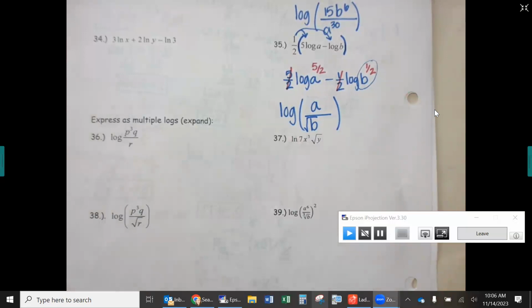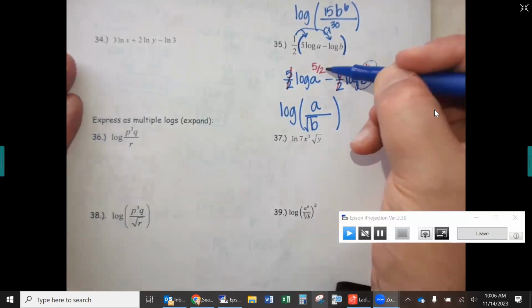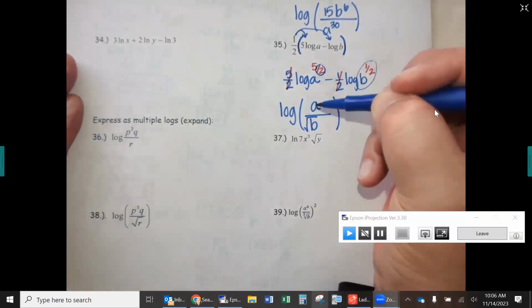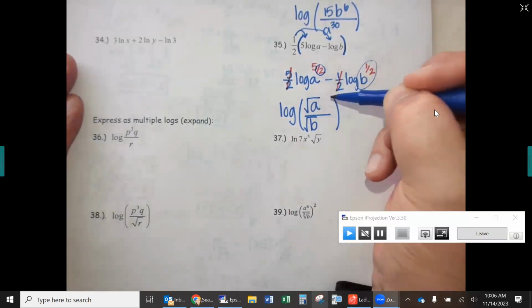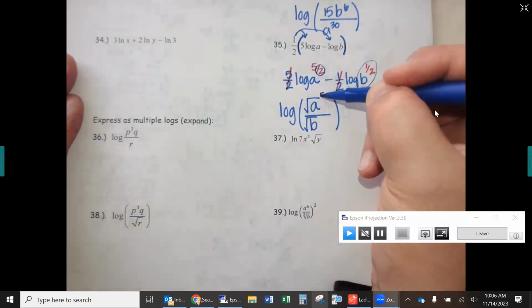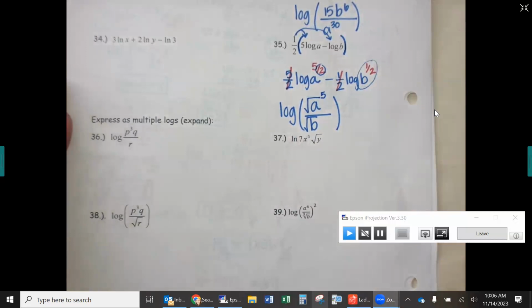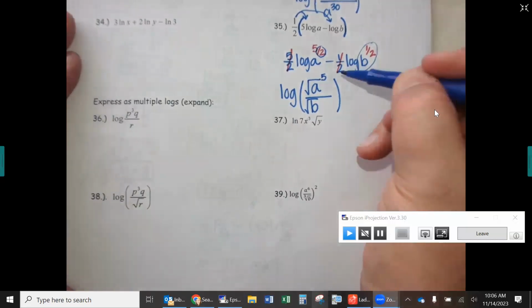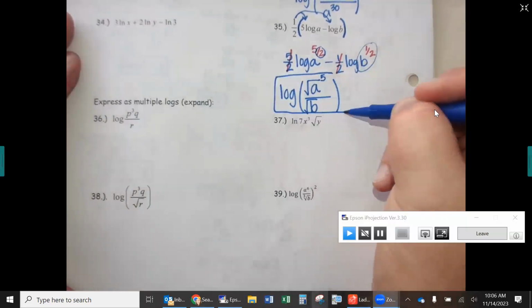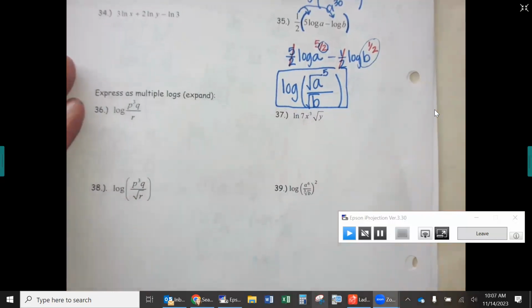And for your A, this one's a little bit tricky. The half is gonna turn into a square root, and the 5 is just gonna stay at the power. Okay? So remember that if it's a 5 cut in half, the half goes back to a square root, the 5 just kind of hangs.